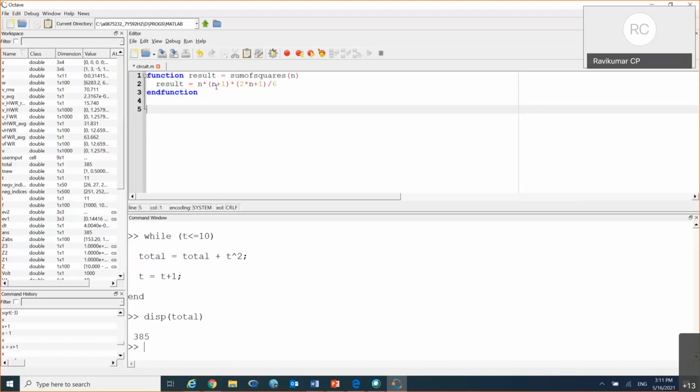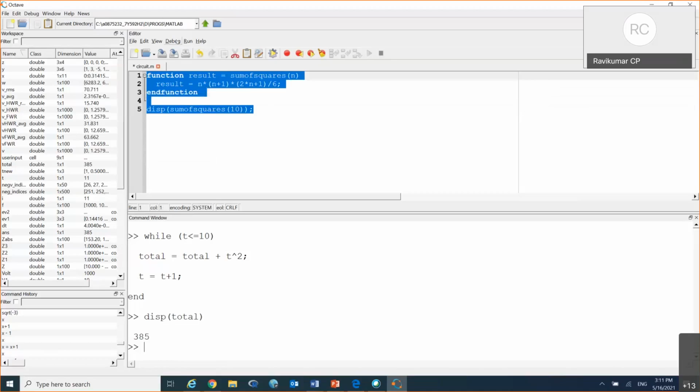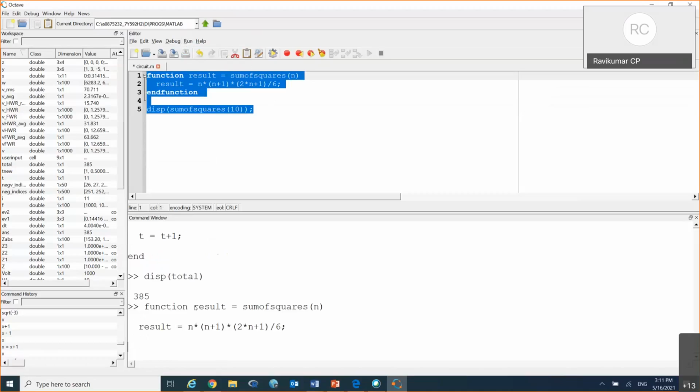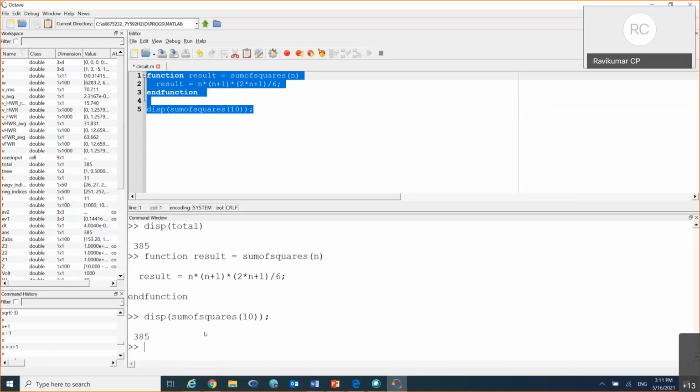Then later you can call this function and write display sum of squares. Semicolon here. If I run this, I'll get the same answer.